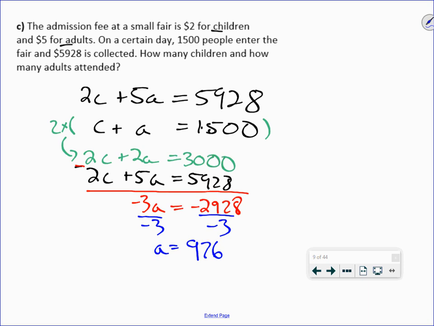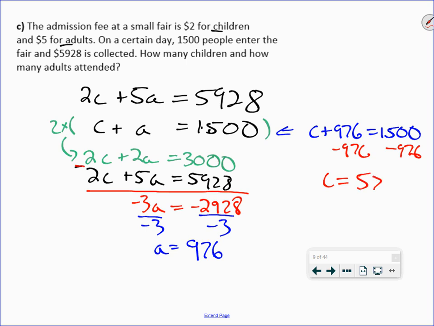So then, using this equation, I know that c plus 976 equals 1,500. So I'll just subtract 976 from both sides, and I'll get c equals 524. So my answer is there are 976 adult tickets and there are 524 child tickets sold.